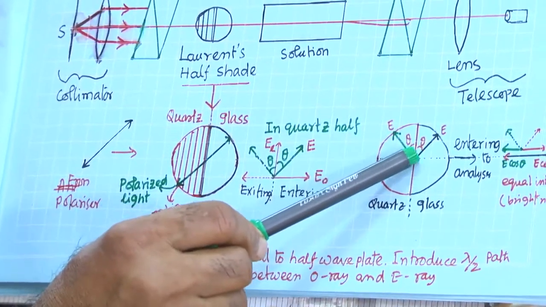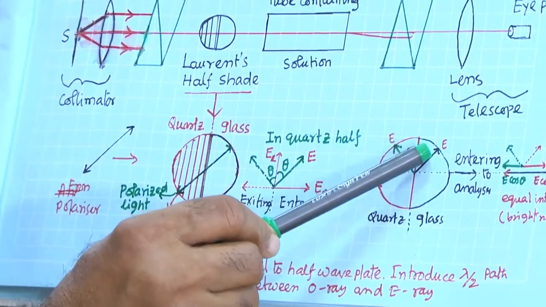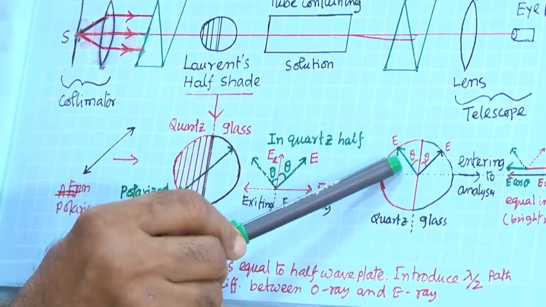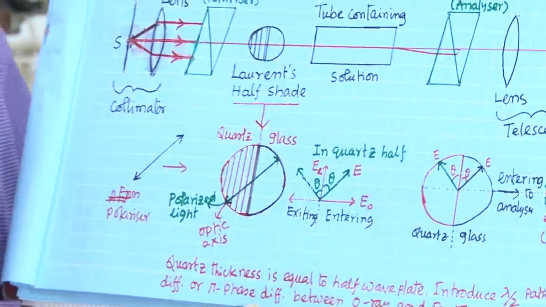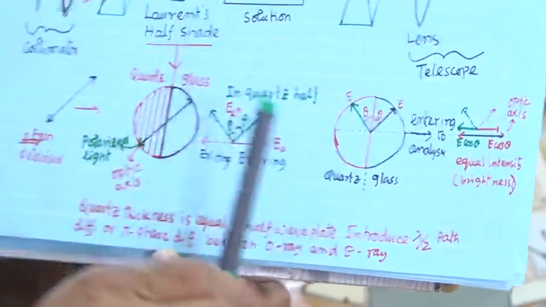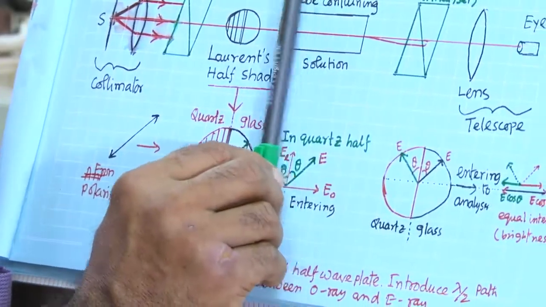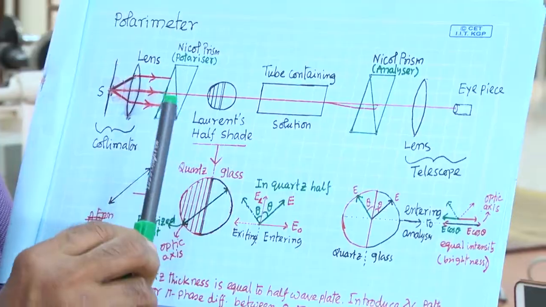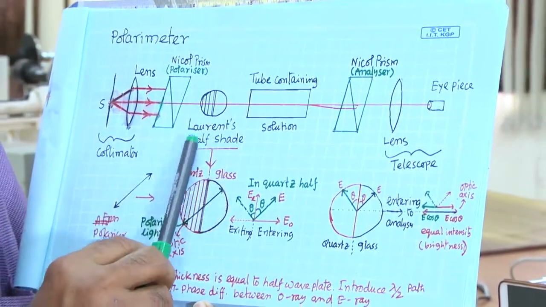These two are basically normal. So if one makes angle theta, the other also makes angle theta with the optics axis, right. This is the situation when it is coming out from the Lorentz half shade.